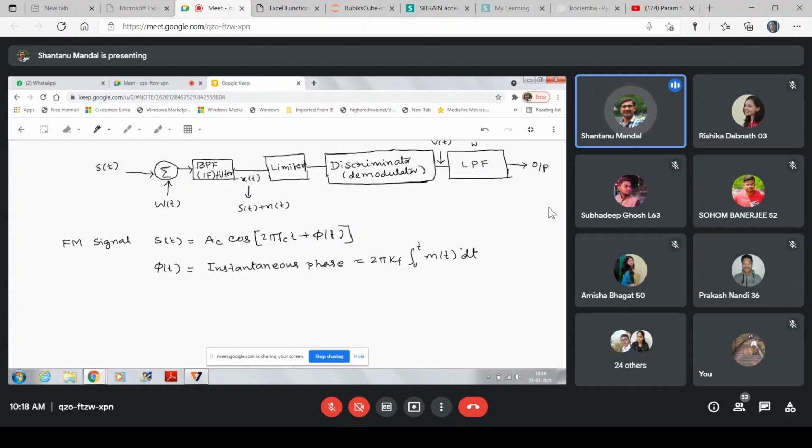This is the generalized form of the FM signal.